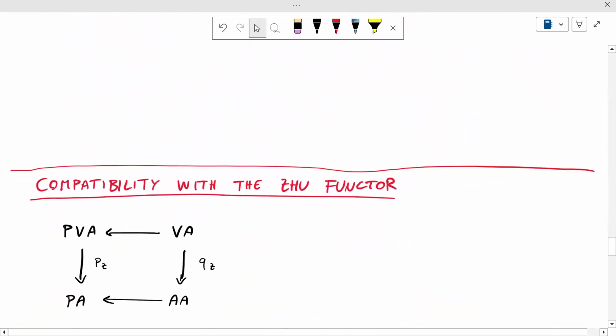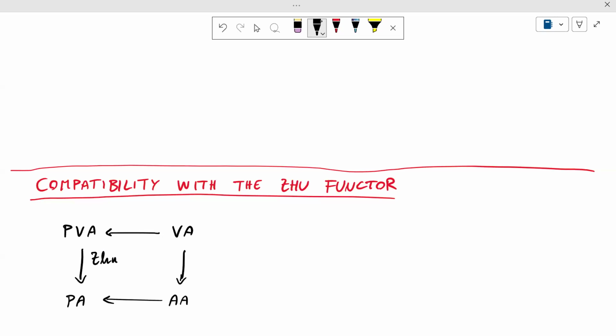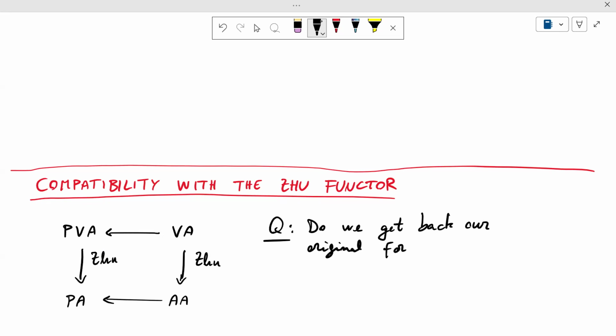We talked about how we have these diagrams, and now we have this natural question: if we do this, do we get back our original formula after applying Zhu?